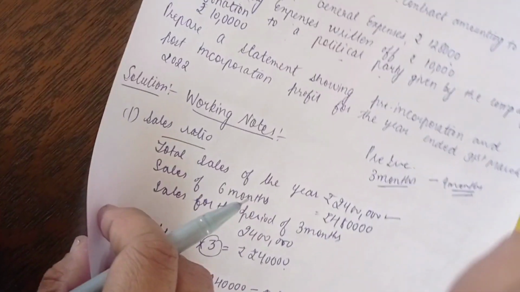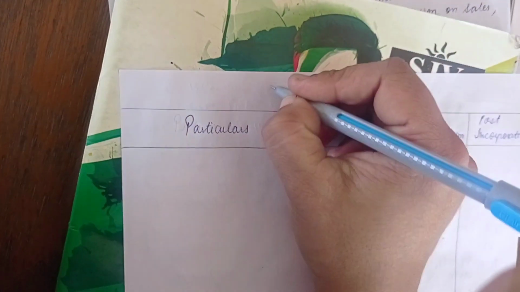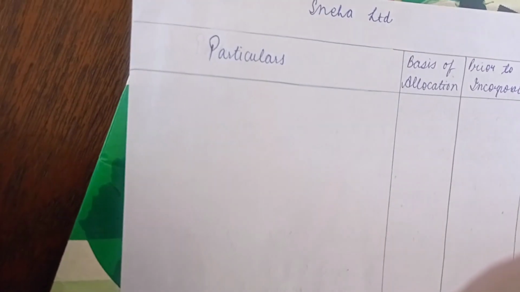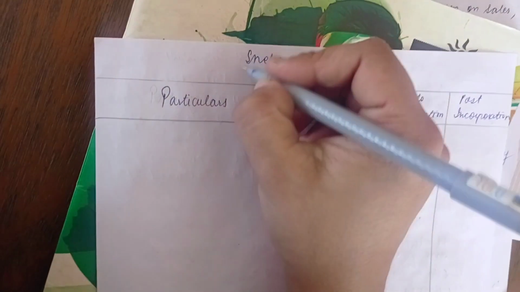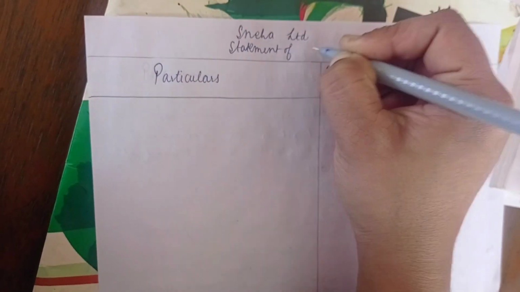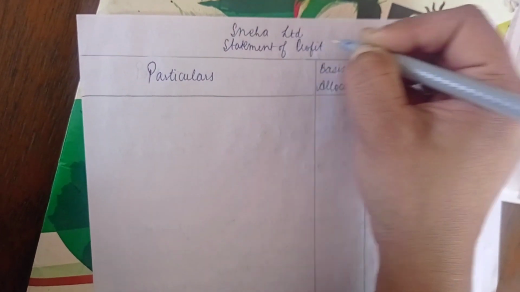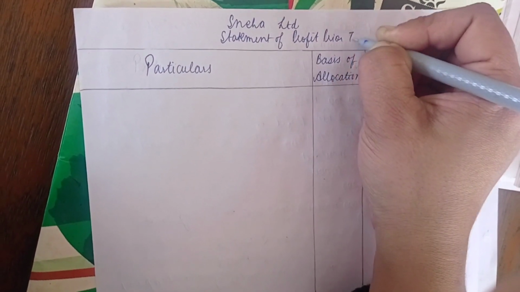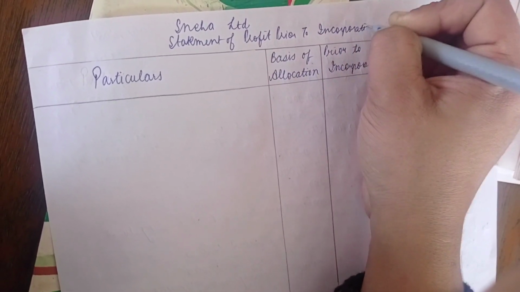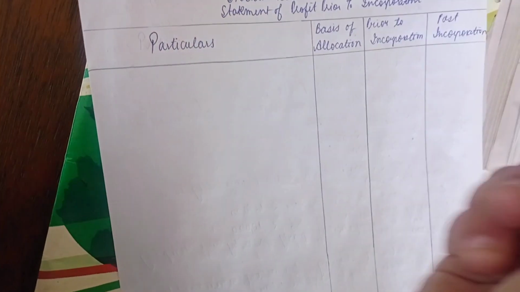Now we can calculate the proforma of this. We will write here Sneha Limited. This is a statement of profit prior to incorporation, right?